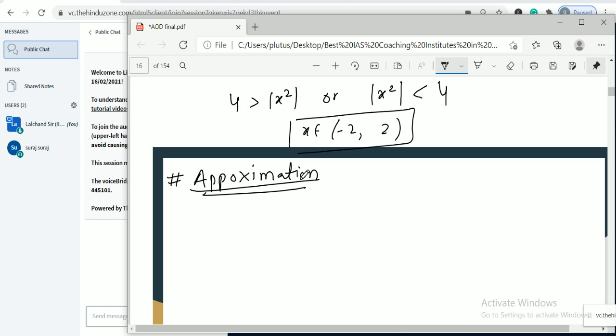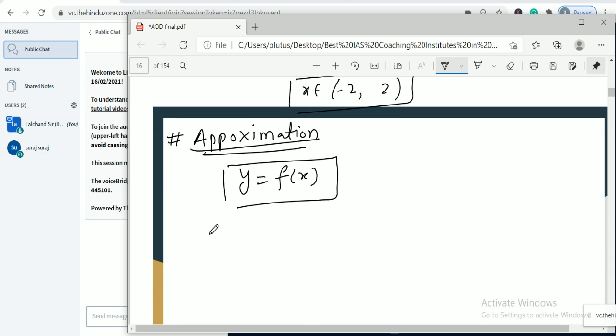Basically, if we write y equal to f(x), some function, and if we change x to x plus delta x, then if we substitute here, we have f of x plus delta x.